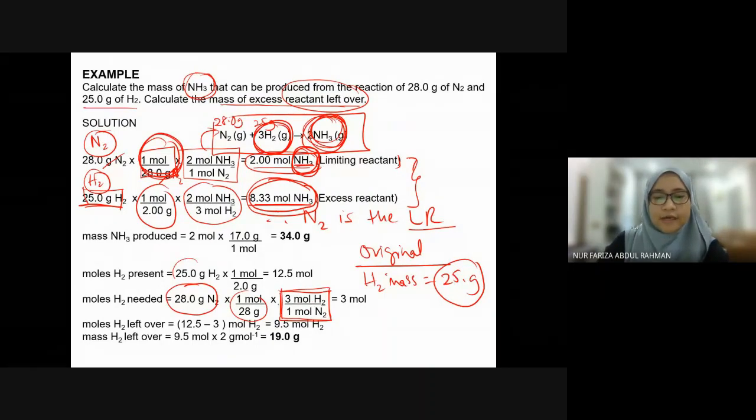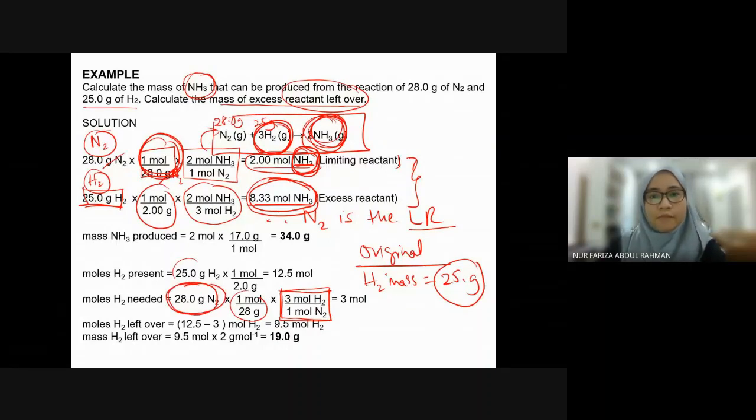Alright, we want to know how much of the excess reactant actually reacted with the limiting reactant. Understand? Just now it was between reactant and product. Now, it is between the reactants themselves, excess reactant and limiting reactant. So this is our limiting reactant.